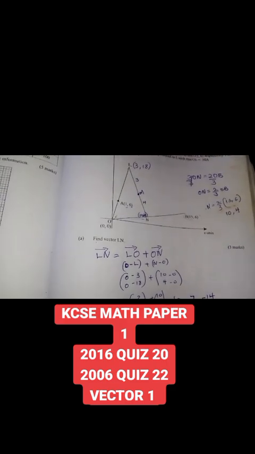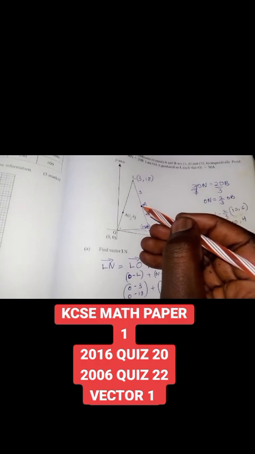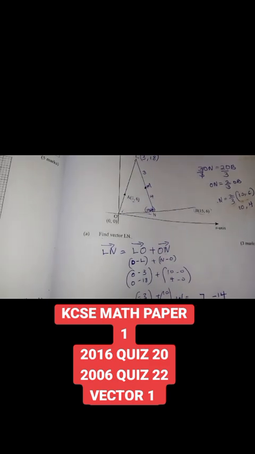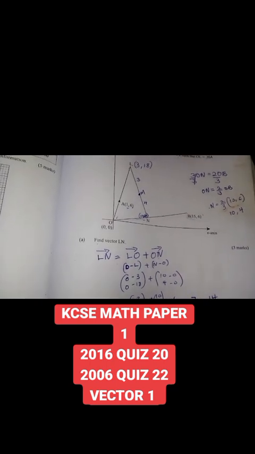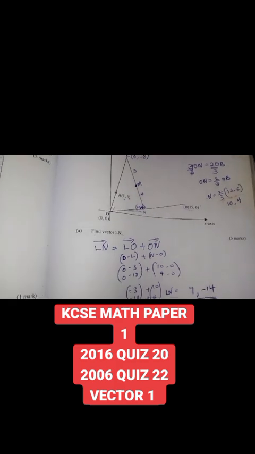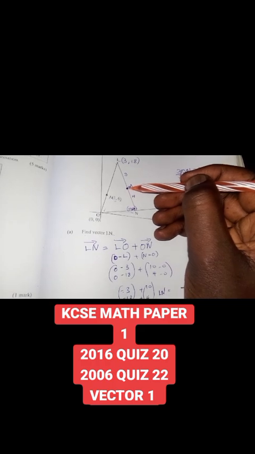Because already I have LN, it's here. To stand at this point, I'll just say that point M is equal to the ratio 3 over the total ratio 3 plus 4, which is 7, of the line LN, which is (7, negative 14), because M is just on the 3/7 of it.